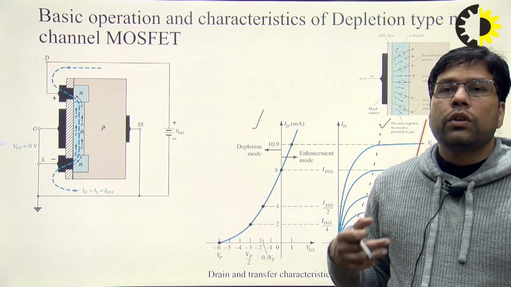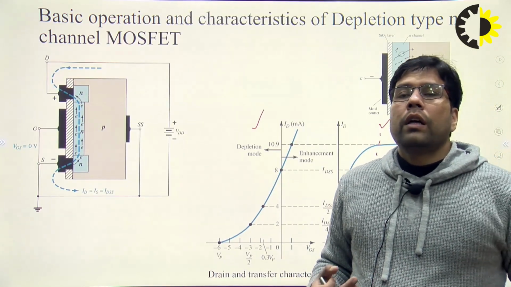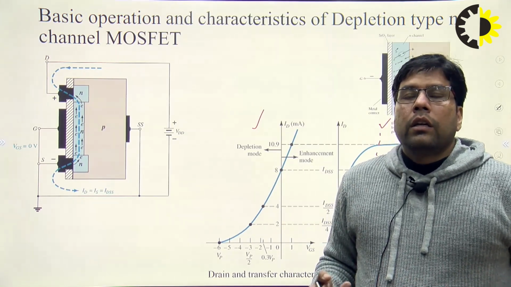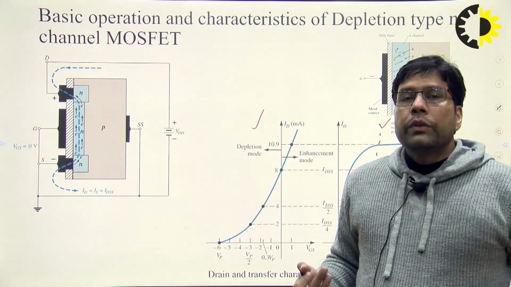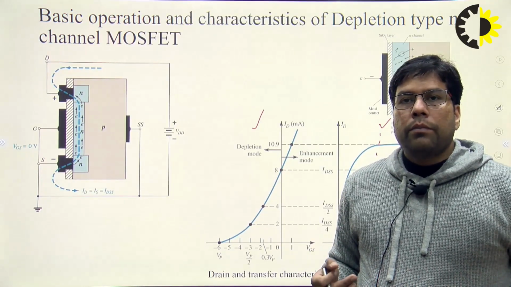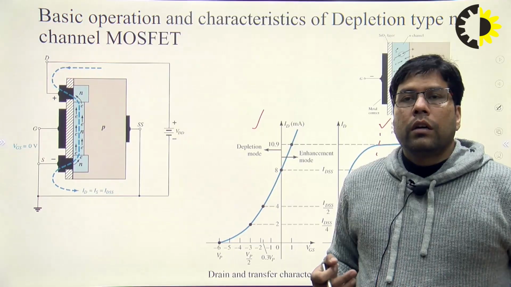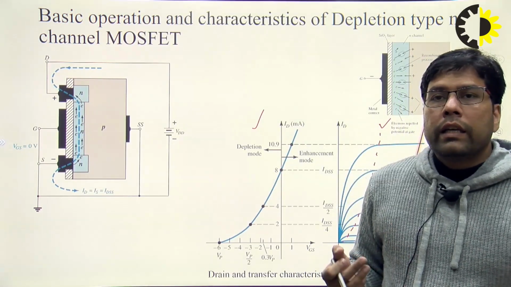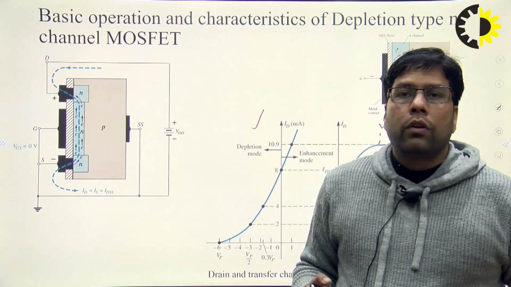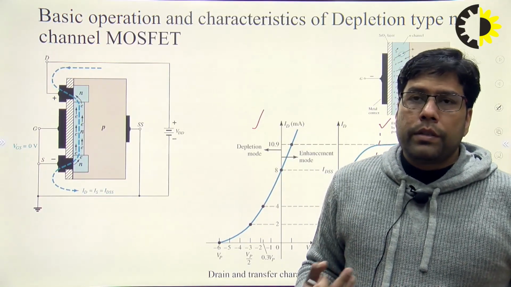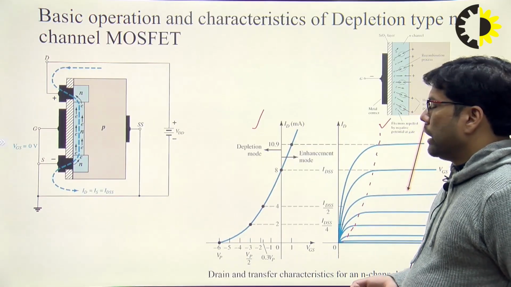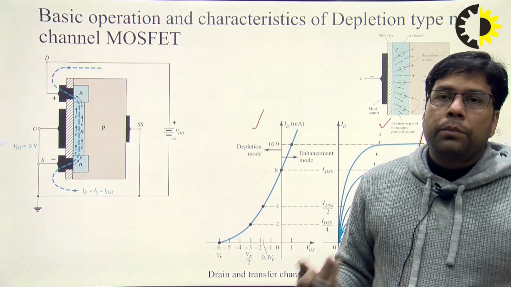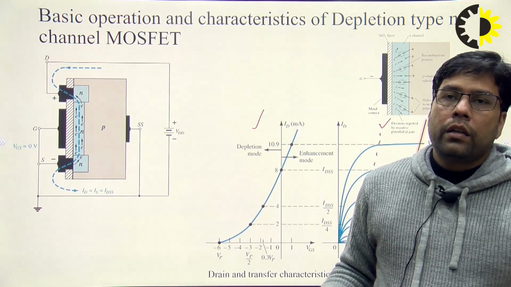So we need to create a channel with the help of voltage applied at the gate terminal, right. In the depletion type MOSFET we have both modes, depletion mode and enhancement mode, while in the enhancement type MOSFET only the enhancement mode will be present. So we have N type and P type, D MOSFET and E MOSFET.